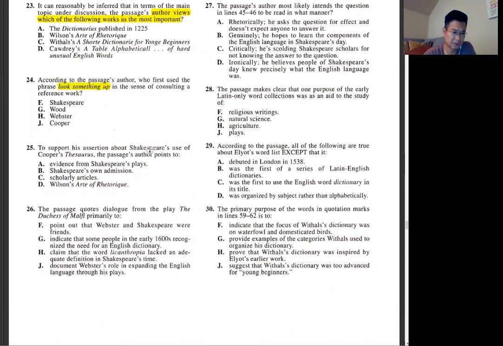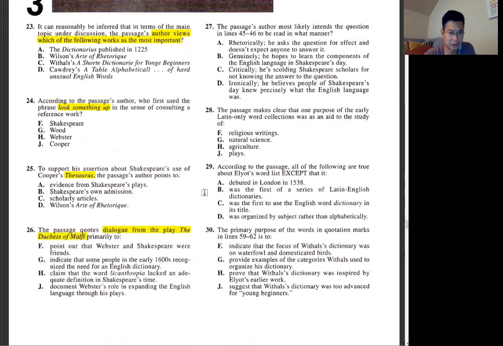And then 25, to support his assertion about Shakespeare's use of Cooper's thesaurus, the passage author points to. And then 26, the passage points to dialogue from the play The Duchess of Malfi.